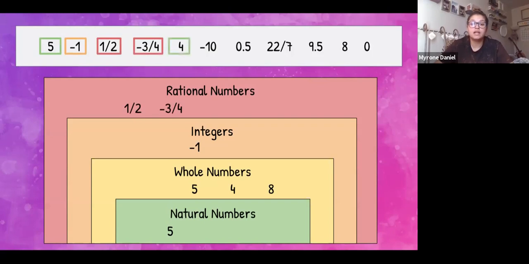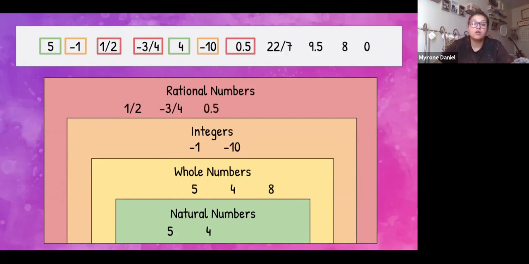4 is, again, a whole number, but it's also a natural number. Integer: we only have a negative in front of the 10, so we know that that's going to be an integer. We have 0.5, which is a decimal, and that is only one section of these 4 number sets, and that is going to be a rational number because it is a decimal. Remember, our rule with rational numbers is that they include decimals.